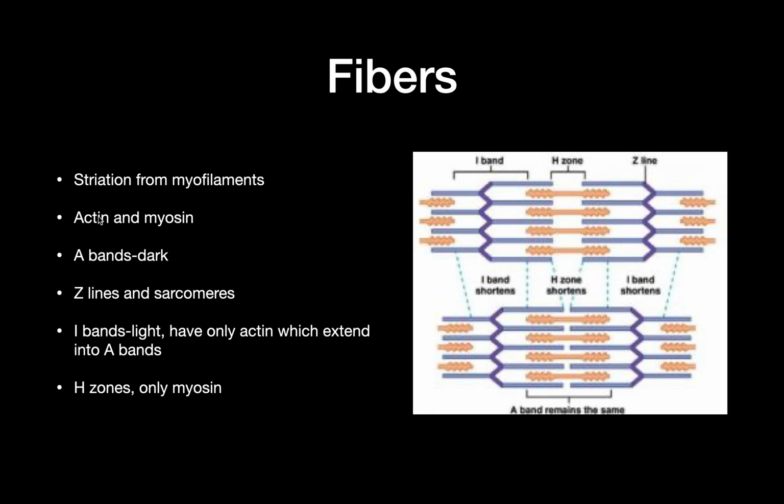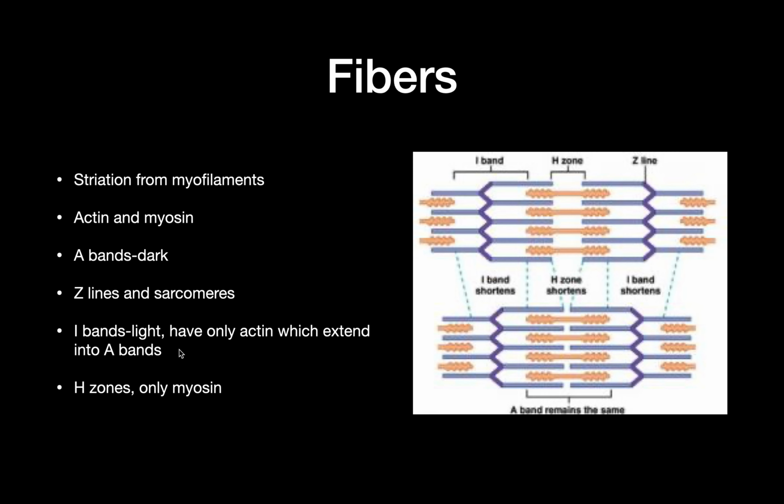Actin is the thin strand, myosin is the thick strand. The dark bands are A bands, and they're made out of the myosin, and the I bands are light.